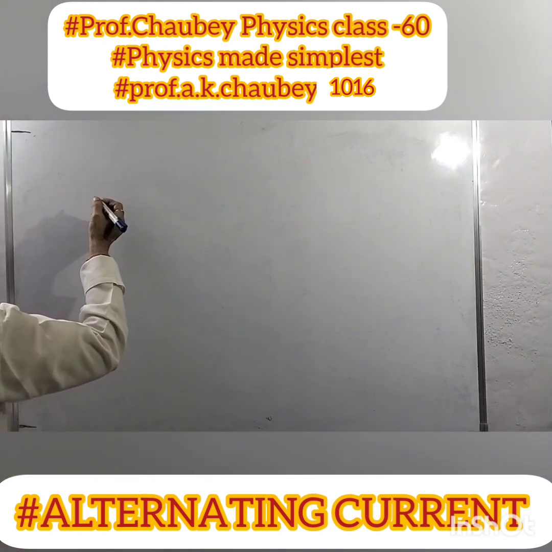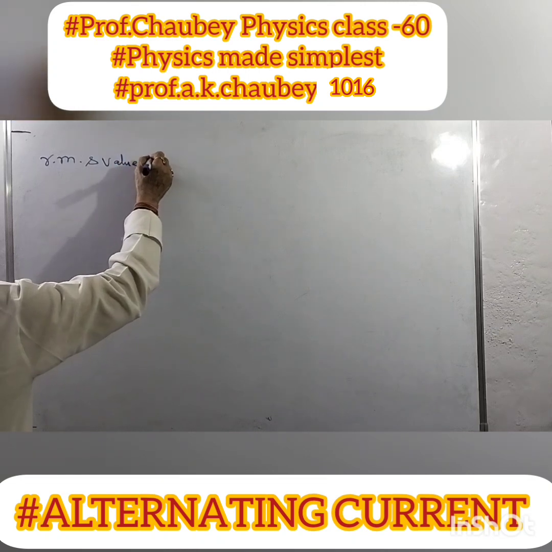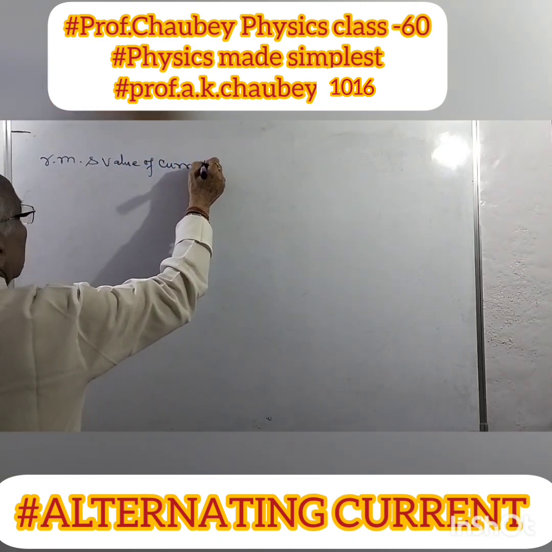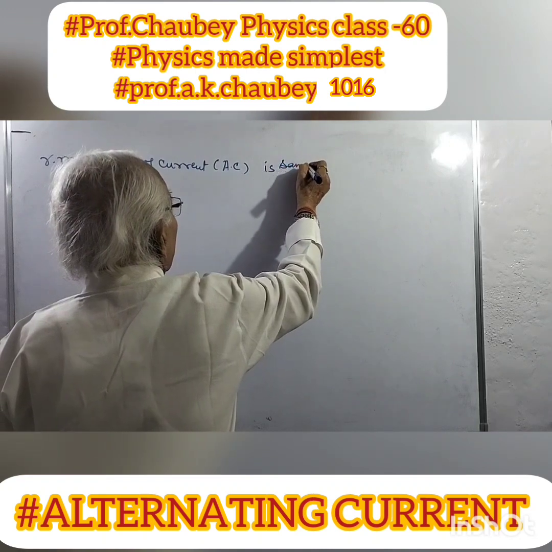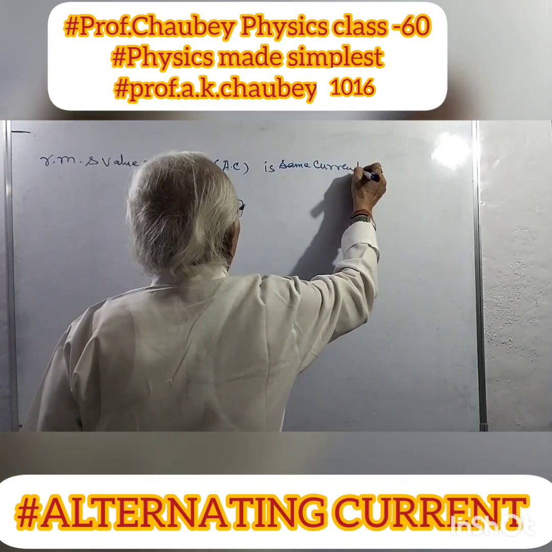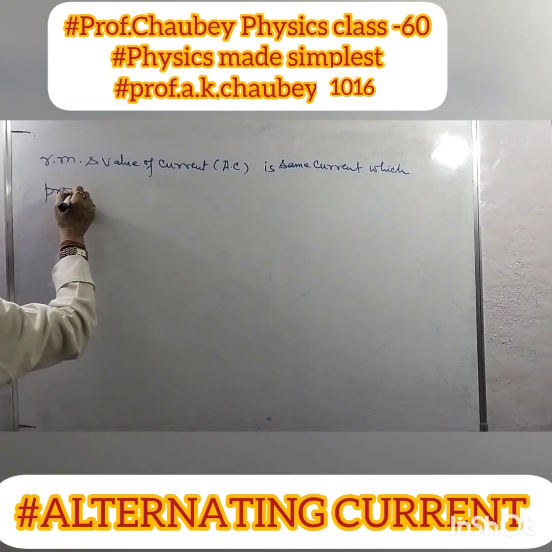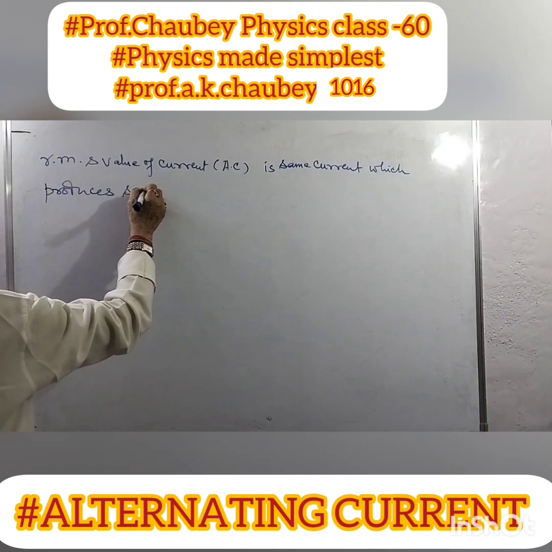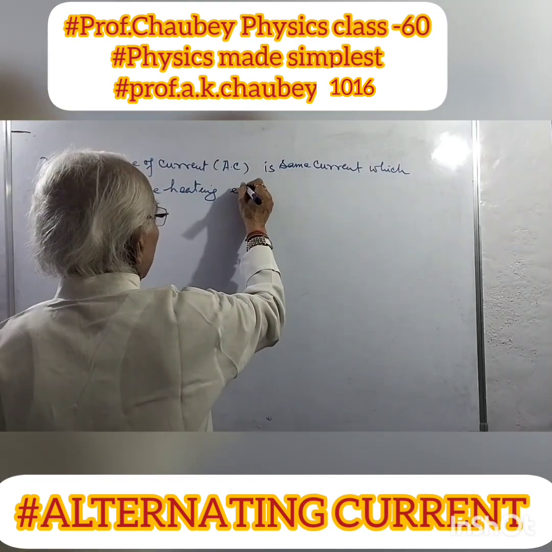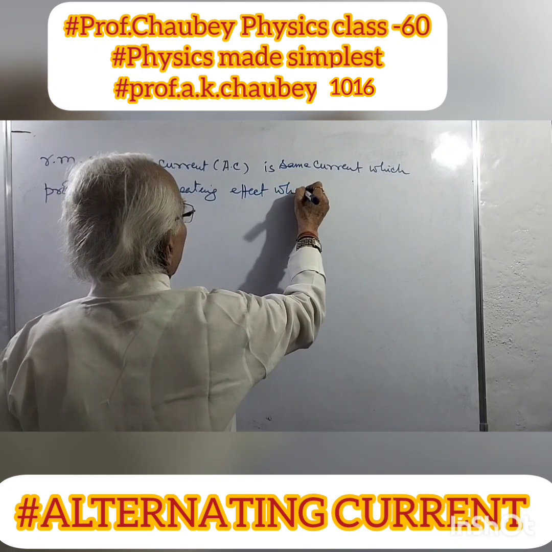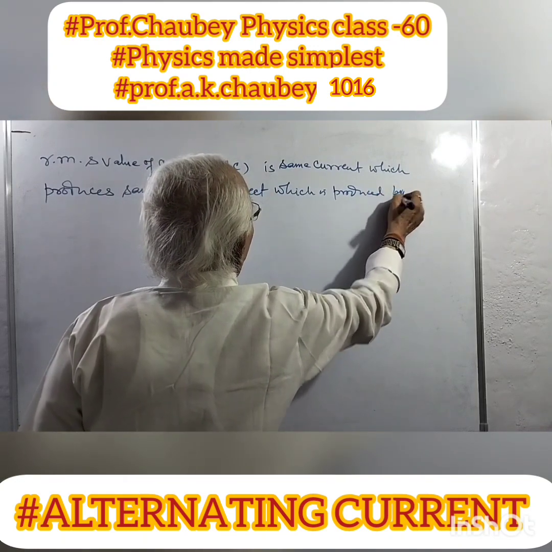So what we call the RMS value of current, that is AC, is the same current which produces the same heating effect which is produced by direct current.